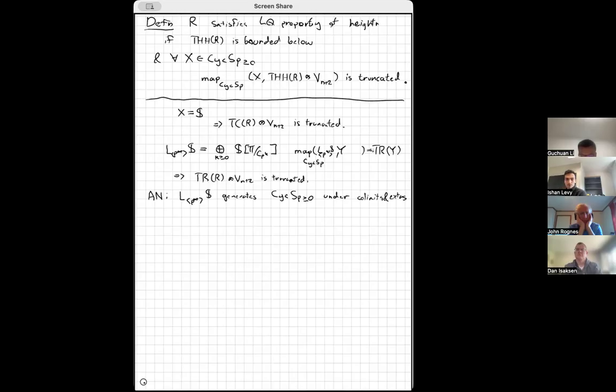And so what that tells you is that there's a way to reformulate this Lichtenbaum-Quillen property as follows, namely, there's a t-structure. So you can define the co-connective, or n-co-connective, cyclotomic spectra to be those cyclotomic spectra such that this TR is n-truncated.